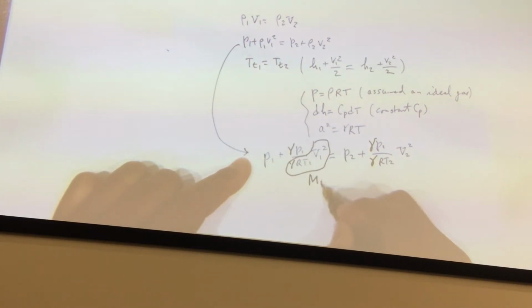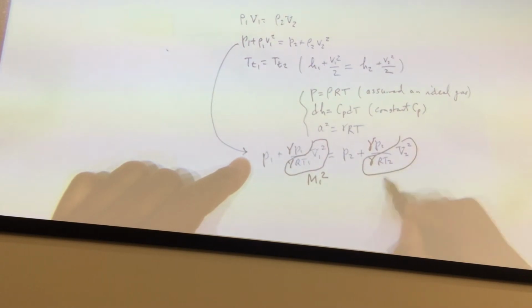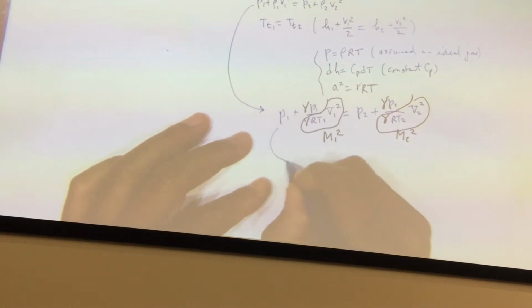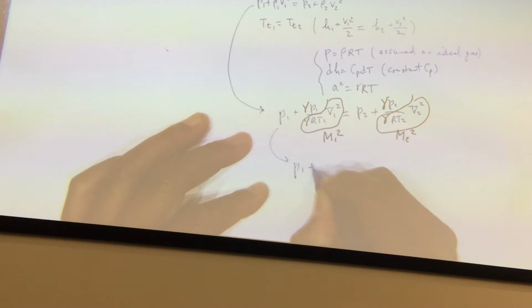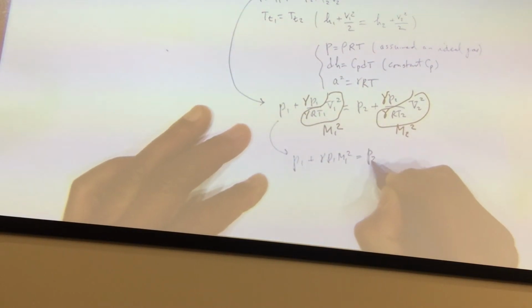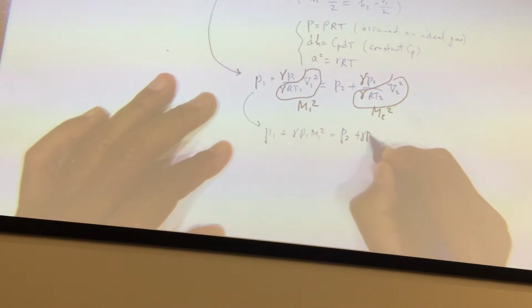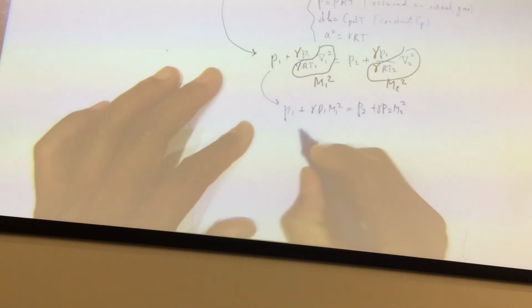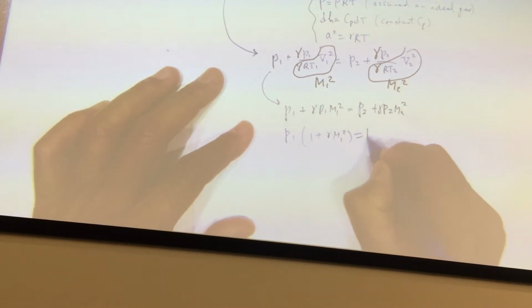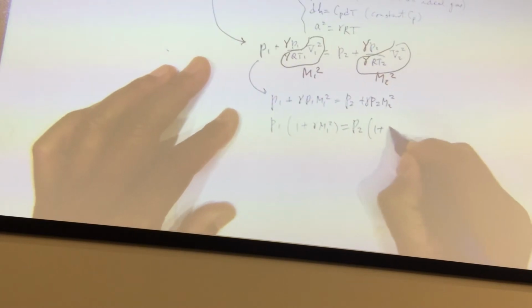This becomes M1 squared, this becomes M2 squared. So this will become P1 plus gamma P1 M1 squared is equal to P2 plus gamma P2 M2 squared. So P1 times 1 plus gamma M1 squared is equal to P2 times 1 plus gamma M2 squared.